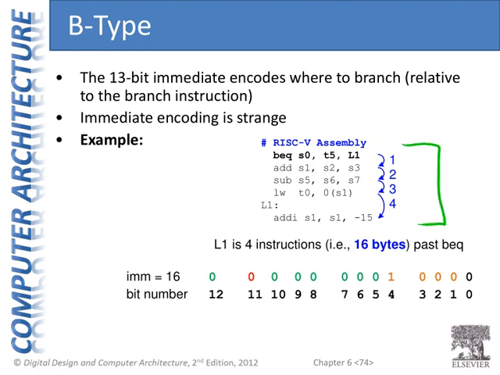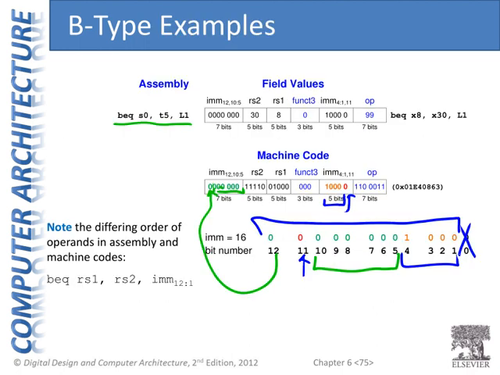We're going to encode, well, S0 is X8, T5 is register 30, and this is RS1, RS2, and then we encode the label as how many instructions or how many bytes past the current instruction, past this branch if equal. So we take RS1, register 8, RS2, register 30, and we encode our immediate in that strange way that we just talked about.